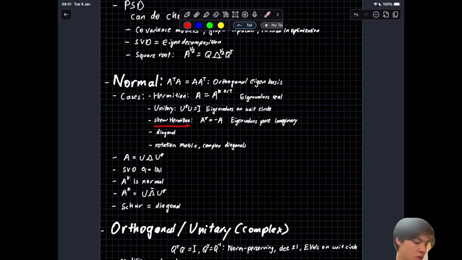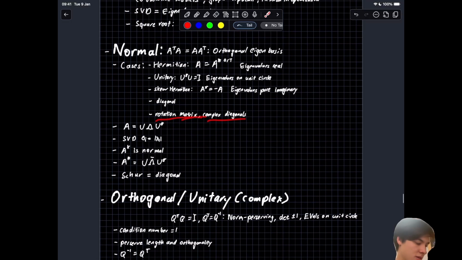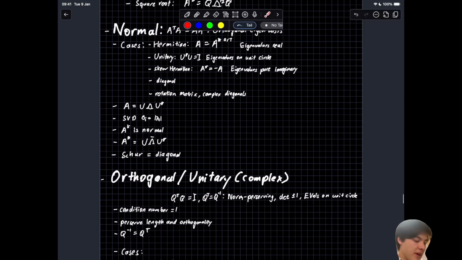If it's skew-symmetric, where A transpose is equal to minus A, then the eigenvalues are pure imaginary, and it's like a rotation matrix. If it's diagonal, it's normal. If it's a rotation matrix, or complex diagonal, it's normal.